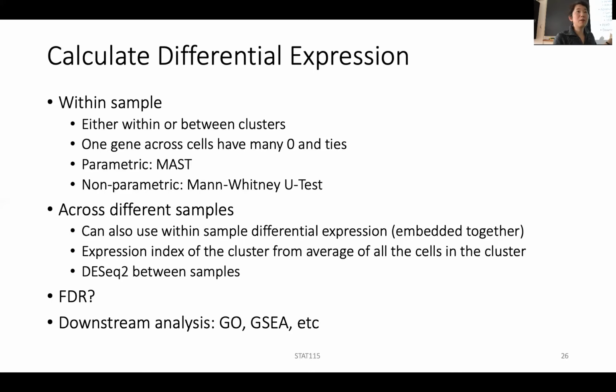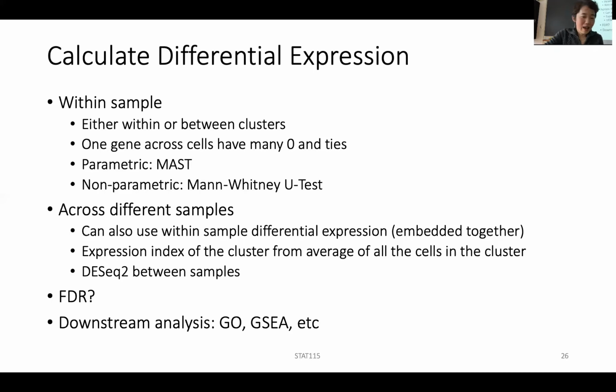Do we need to do multiple hypothesis testing? Actually, every time I ask you, the answer should be yes, most likely, because we are looking at every gene between the clusters or within the cluster, whether they are differentially expressed. So you probably want to remove some cells that are hopeless, like so low, always zero.